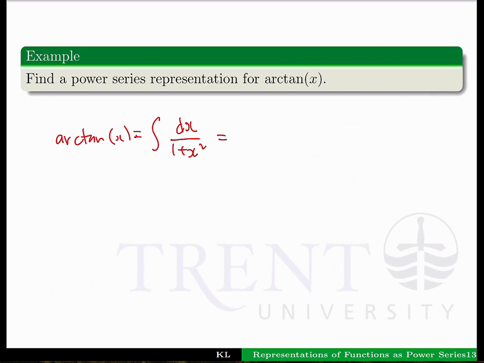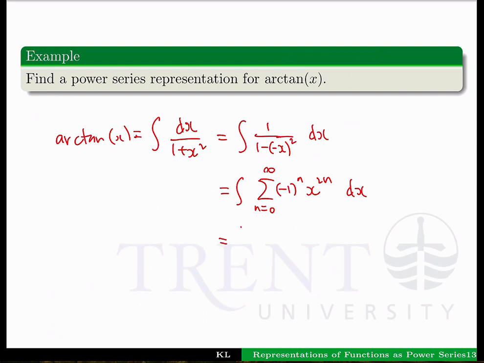Then again, this one, we have the integral of 1 over 1 minus of negative x squared dx. But this will be the what? Integral of the sum negative 1 to the n x to the 2n, n from 0 to plus infinity, dx.